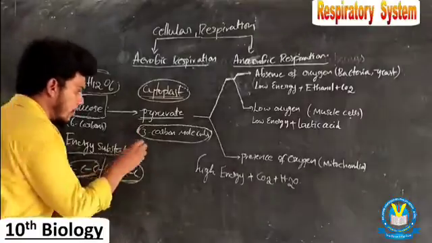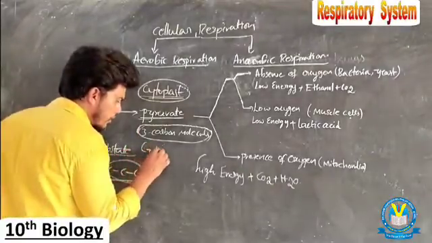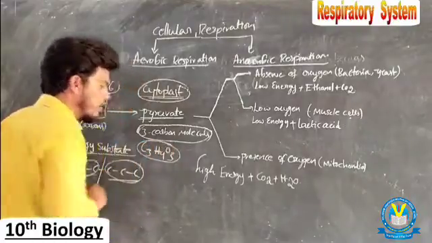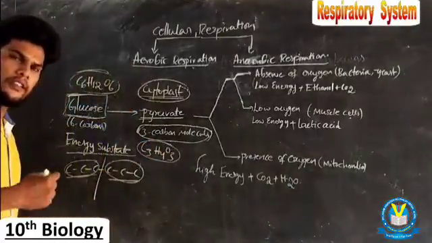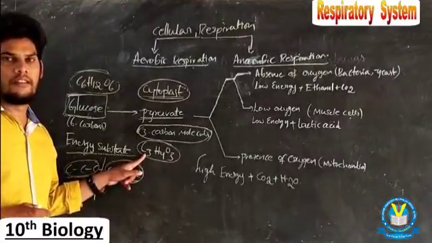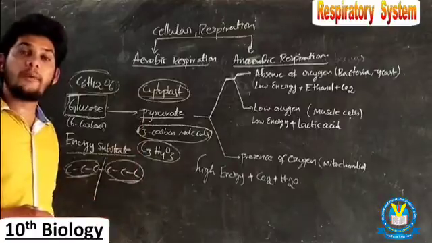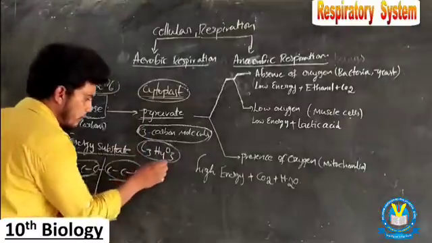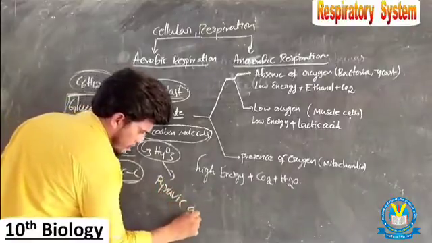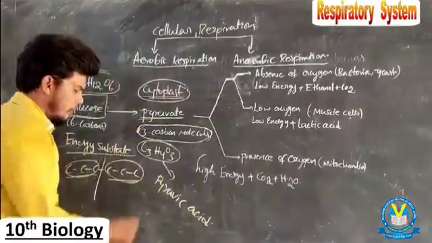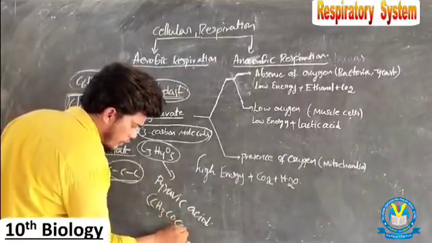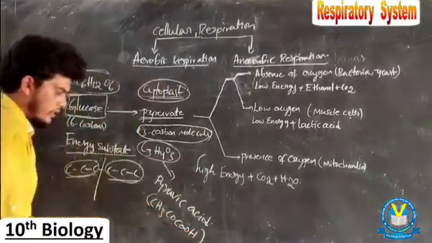That's why its chemical formula is C3H4O3. This pyruvate is also called pyruvic acid. Its chemical formula is CH3COCOOH.